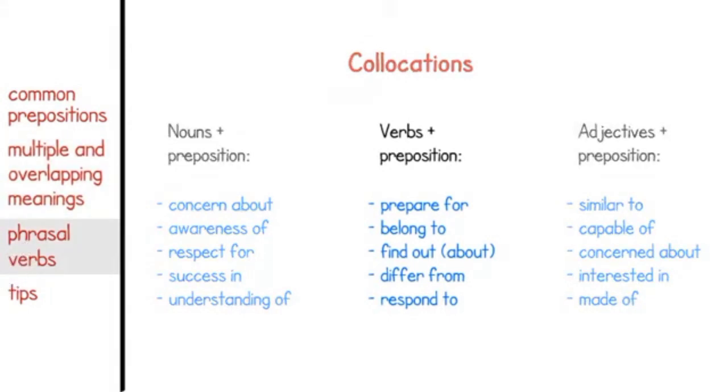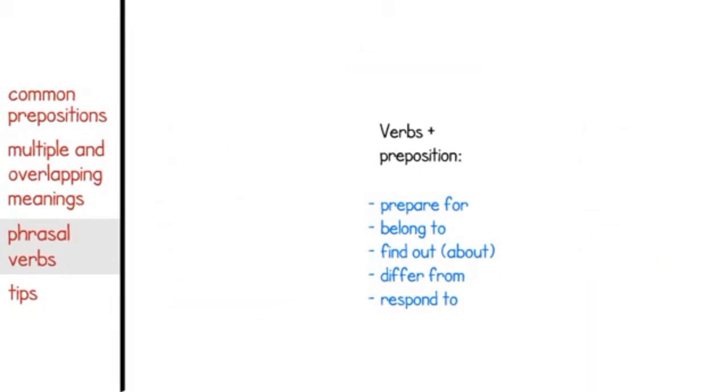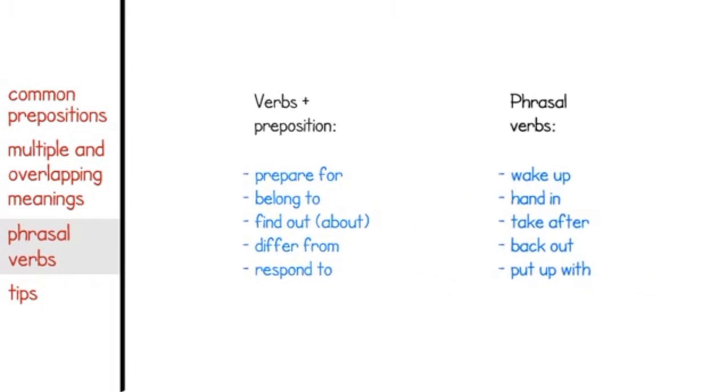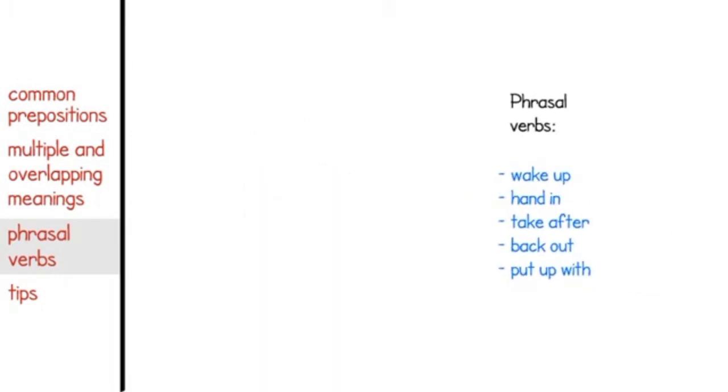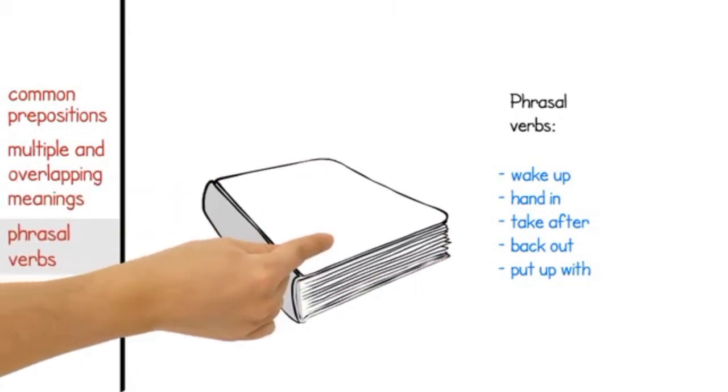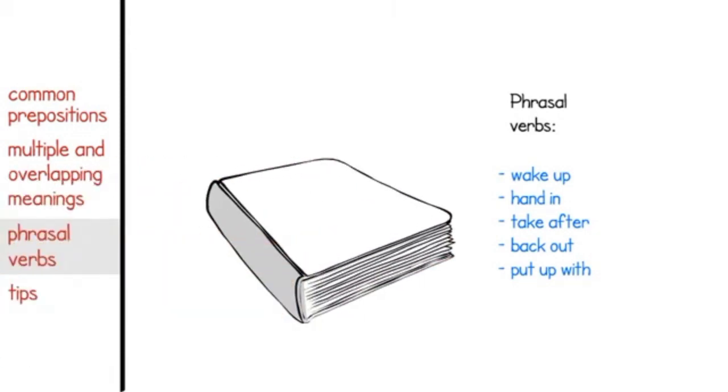You may have noticed that verbs are often accompanied by prepositions. Some of these are referred to as phrasal verbs, such as wake up, hand in, take after, back out, put up with. You can find a list of phrasal verbs online or in a good grammar book.